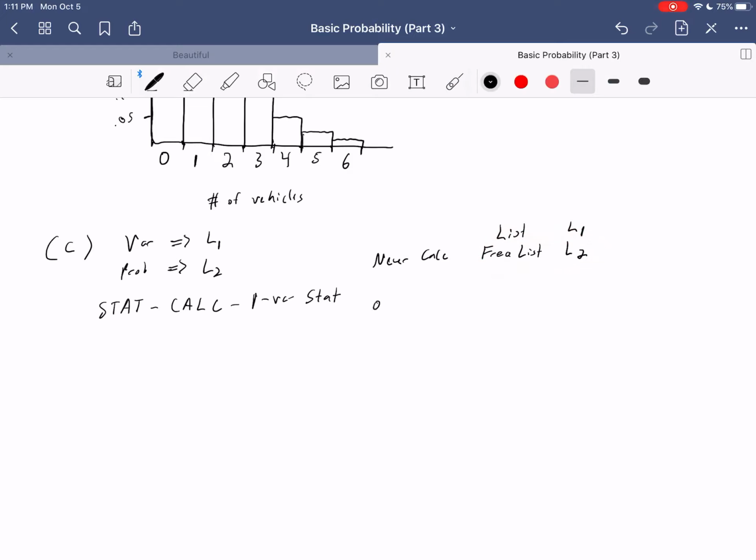If you have the slightly older TI calculators, what you're going to do is you're just going to manually type in, once you have that 1 var stat, L1, L2. And by typing in L1, L2, you're literally telling the calculator to use this as your list with these as the frequencies. So for the newer ones, you actually have a little option to specify the frequency list. For the older ones, you just have to manually type in L1, L2.